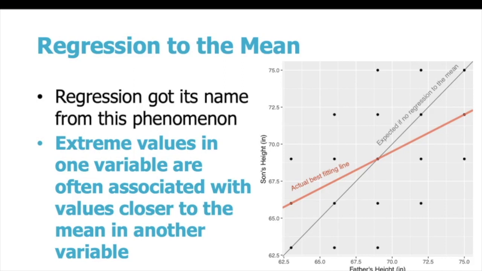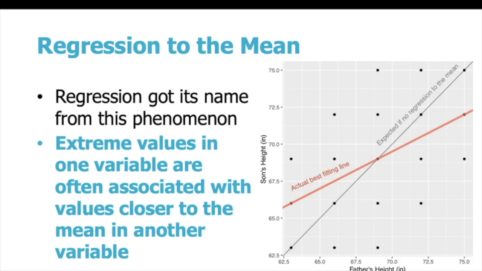So in an extreme case where someone's really tall, 75 inches tall, their children are more likely to be closer to the mean, or regress to the mean, than they are to be as extreme as they are. They're still taller on average, but they're not as extreme as the father.